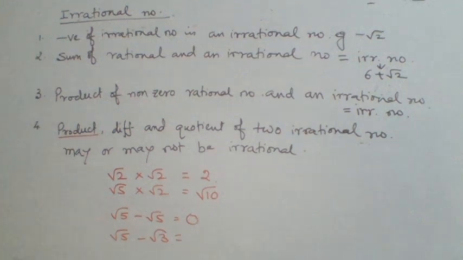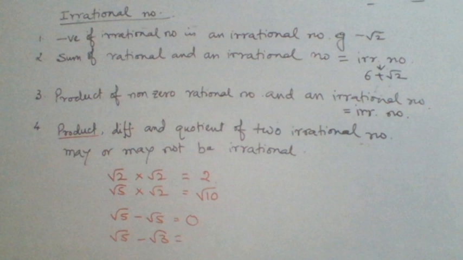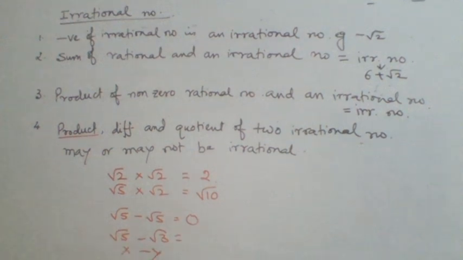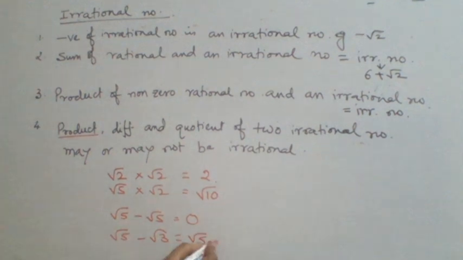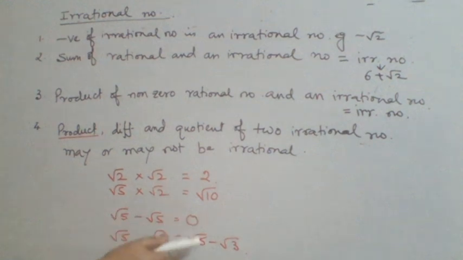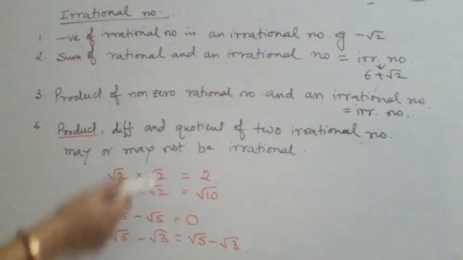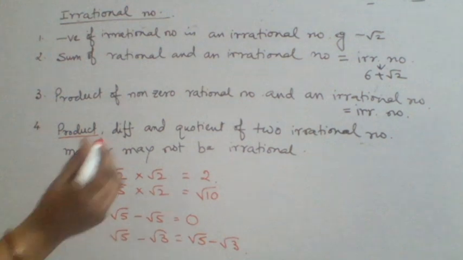Root 5 minus root 3, this we cannot simplify. As in algebra, x minus y is just x minus y. Like that, root 5 minus root 3 is just root 5 minus root 3. This is not equal to root 2. In the first case it is a rational number, and in this case it is an irrational number. So the difference of two irrational numbers may or may not be irrational.